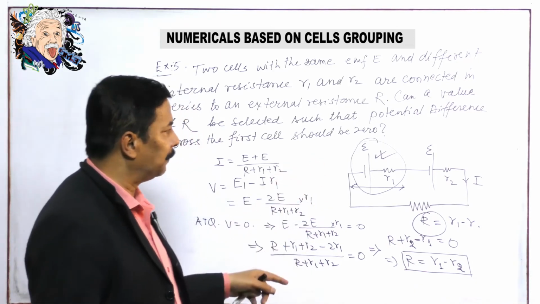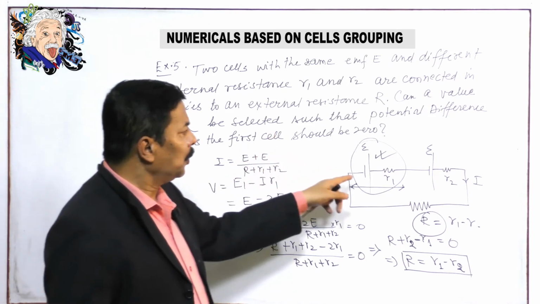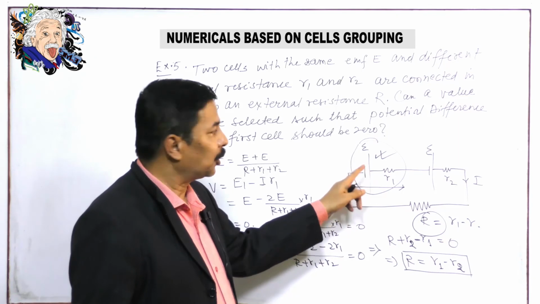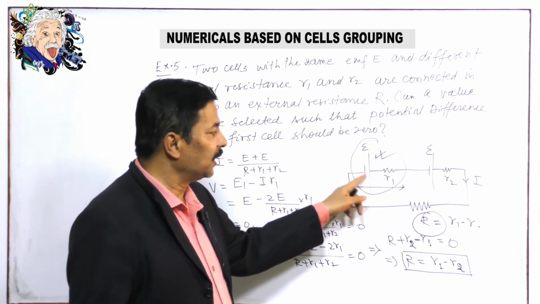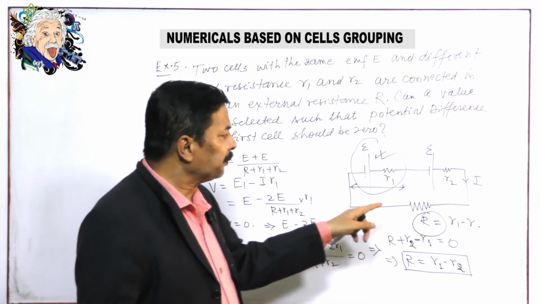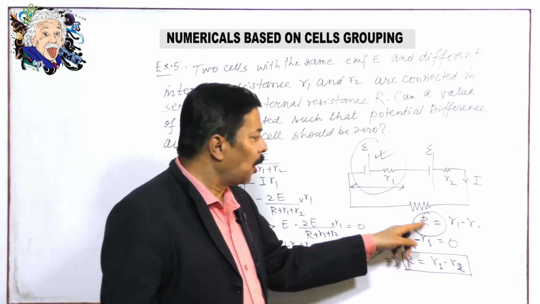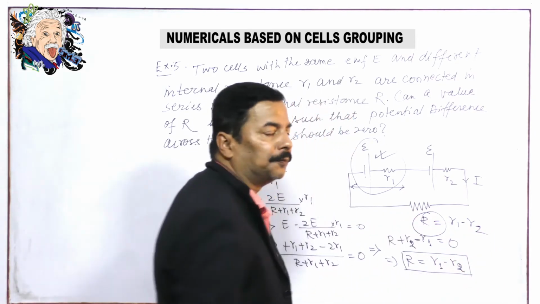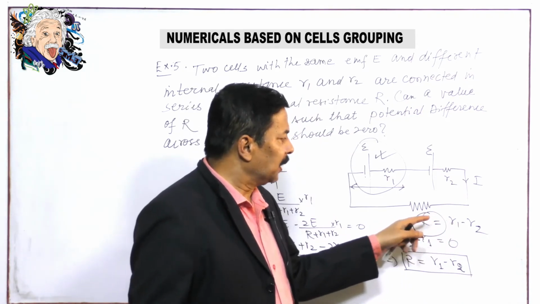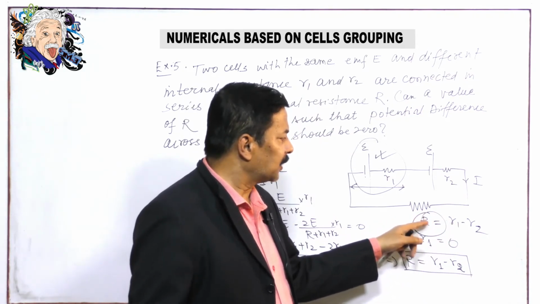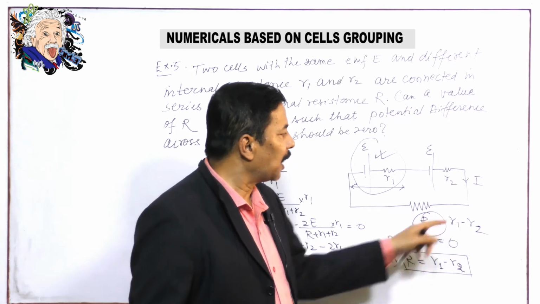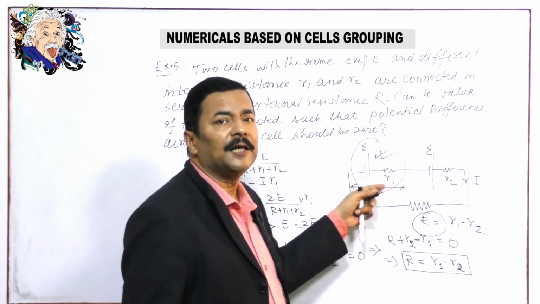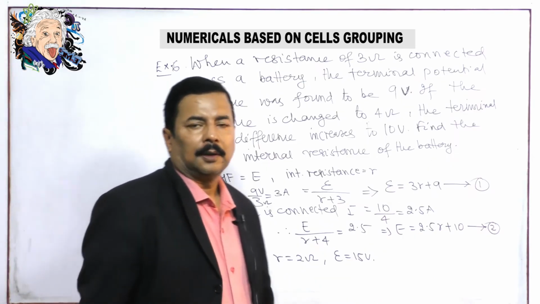See carefully how the potential difference across this cell is 0, by suitably selecting the external resistance R equal to R1 minus R2. If this condition is satisfied, the potential difference across the first cell is 0.